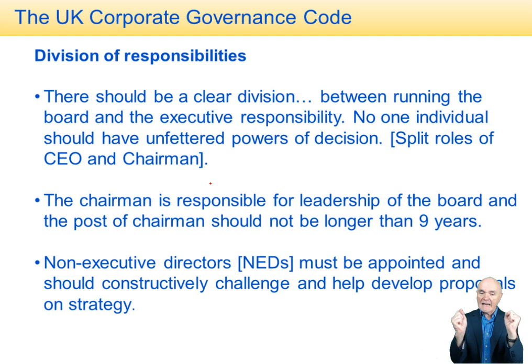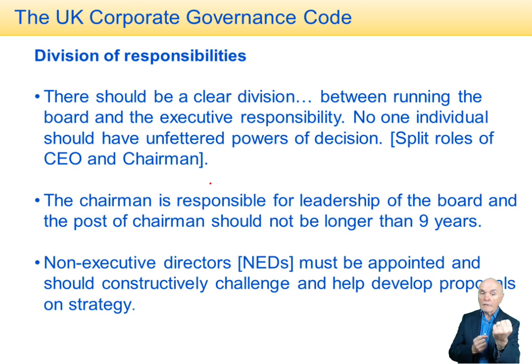They split at the top between running the board and executive responsibility, in other words, running the board and running the company. Therefore, the roles of the chief executive officer and the chairman should be split. The chairman runs the board, the CEO runs the company, and this should stop.